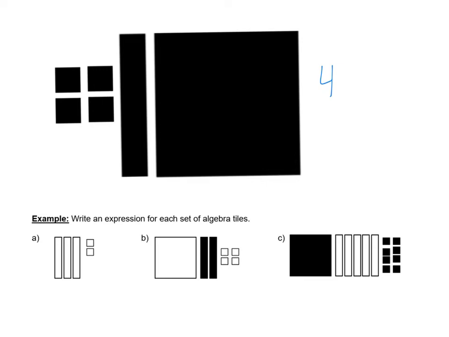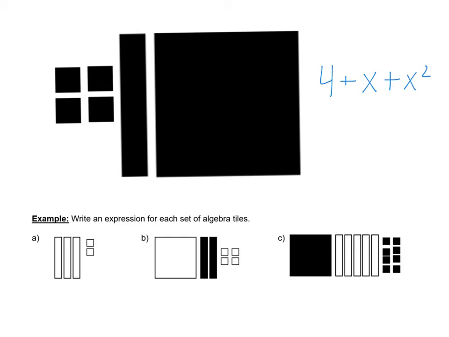And then, well, we have here x, and it's a positive x, so we're going to write in plus x, and then we have here positive x squared in the big box, so we write plus x squared.